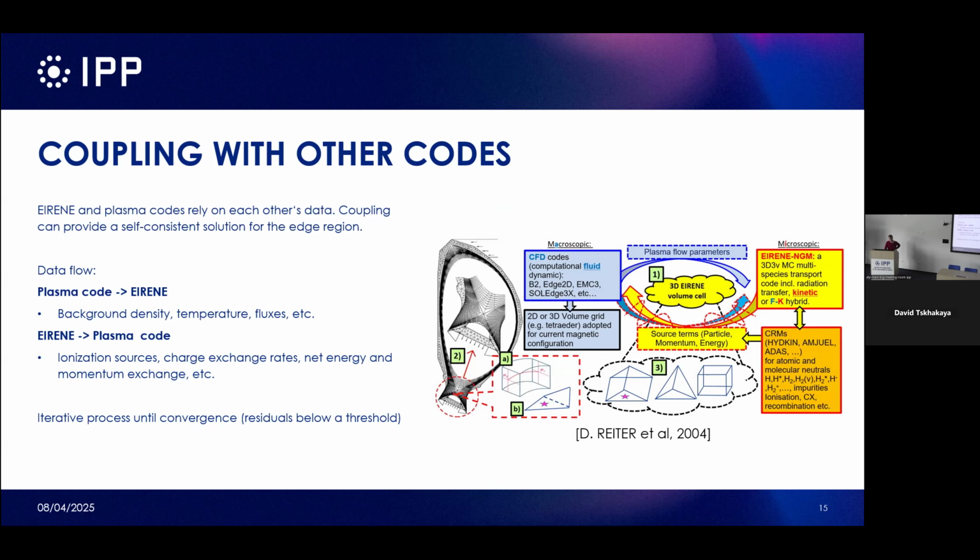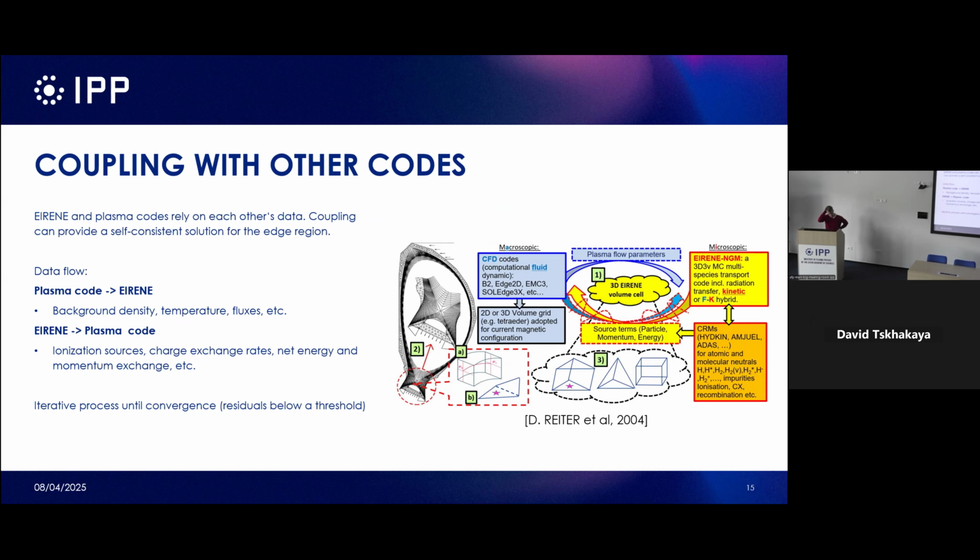IRENE then takes these as the background input of the plasma, traces the particles based on that, and provides the ionization source or the source terms for the fluid equations for the fluid code, which is then repeated iteratively until hopefully some convergence is found and residuals fall below a certain threshold.